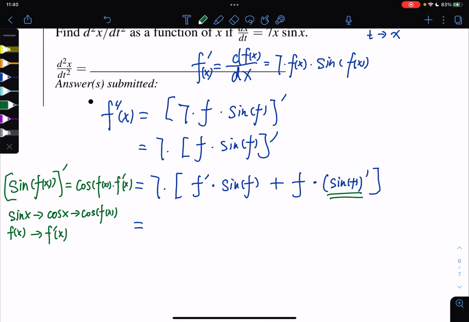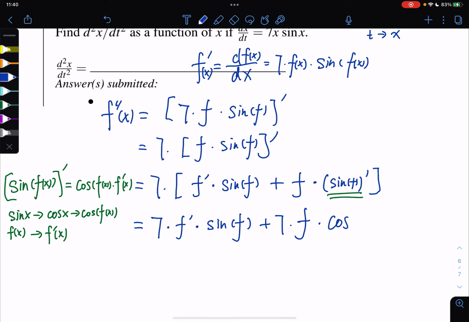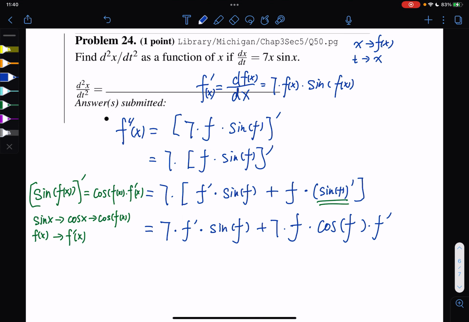So let's write out my answer by putting it back to the right position. It's 7 times f prime times sine of f of x, added to 7 times f times cosine of the f function multiplied by f prime. Well, the problem is I renamed everything.